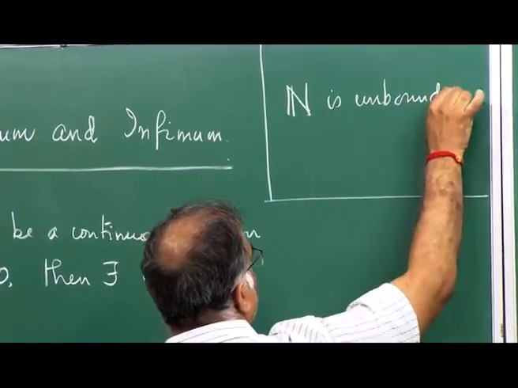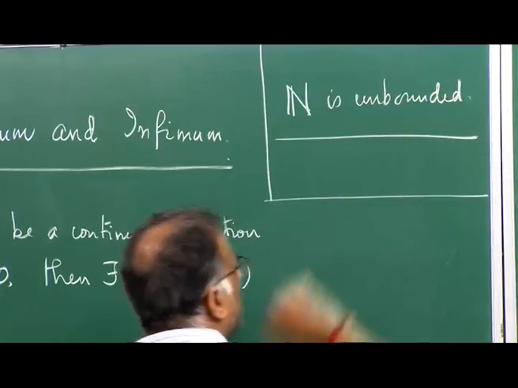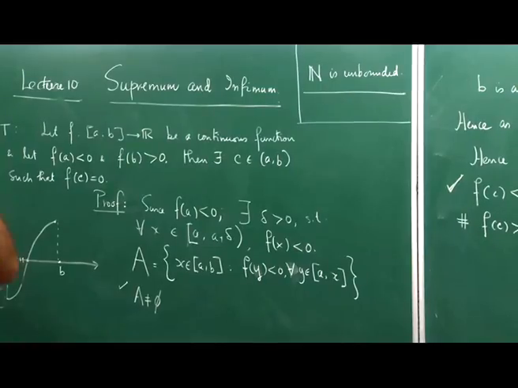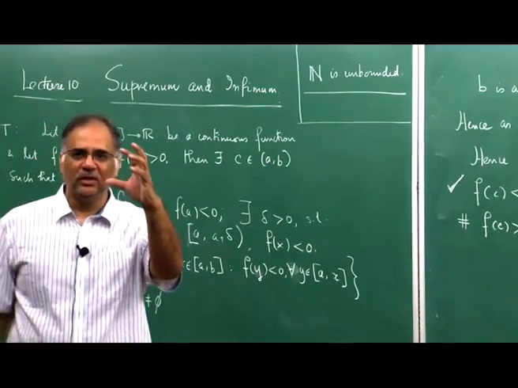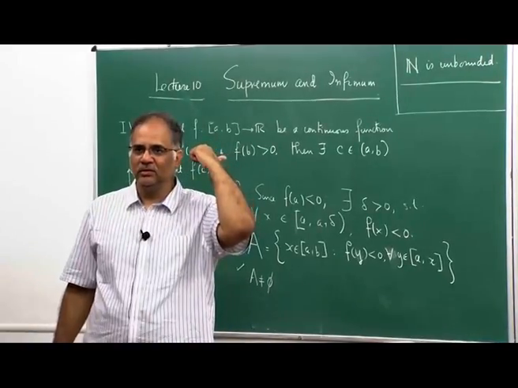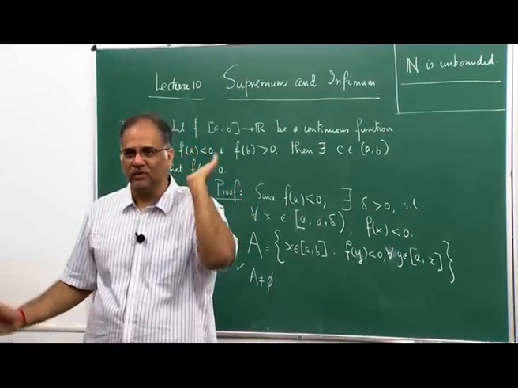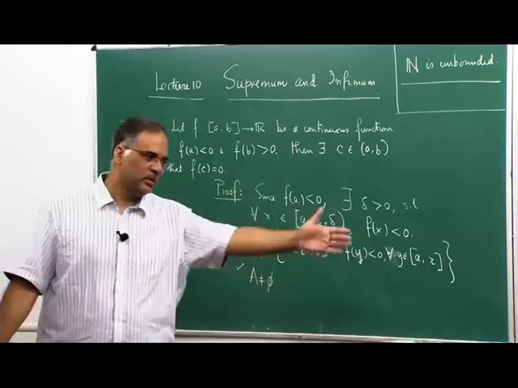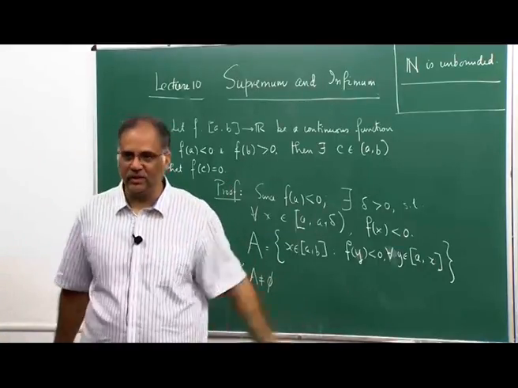As a mathematician, as a math student, you should always use one of the major tools in the hand of the mathematician. It is called proof by contradiction. Assume that N is bounded, say bounded above or bounded below. Bounded below, yes, there is 1, which is less than everything, so there is a lower bound.